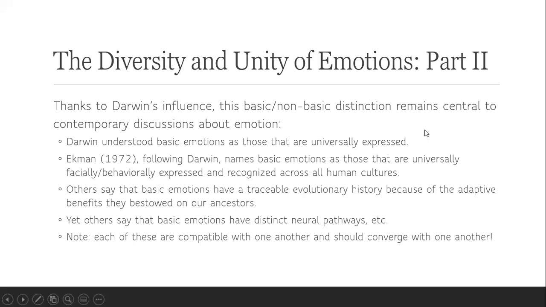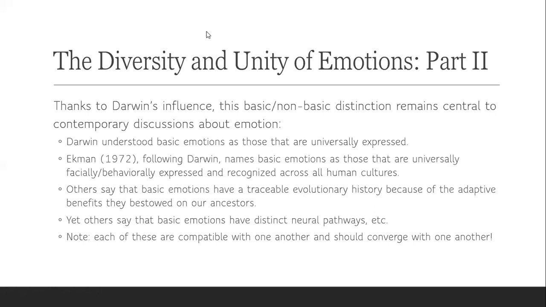So that's interesting. But one thing to note is that none of these are mutually exclusive. These are all compatible with one another. And if there really is a basic, non-basic distinction, these should all converge with one another too. The universal recognizability, traceable evolutionary history, and distinct neural pathways.